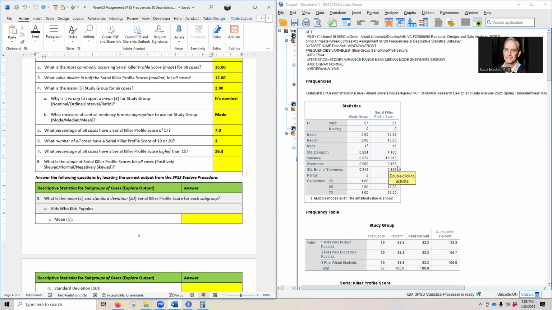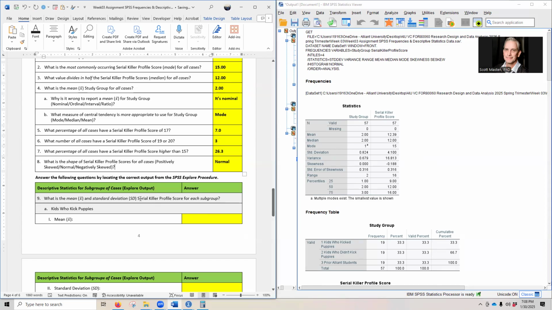If it does, we say it's skewed in the direction of its sign. It is negative here, but its absolute value is not greater than 2, so we would say this is essentially normal. It's not perfectly normal, but it's normal enough.